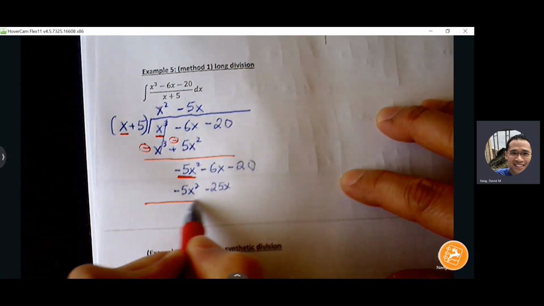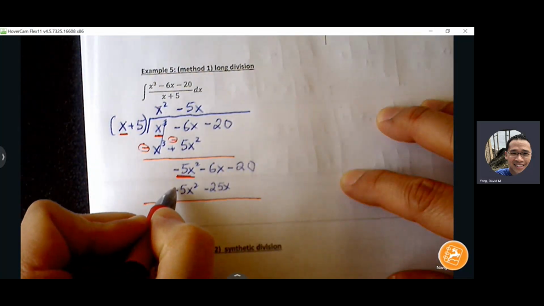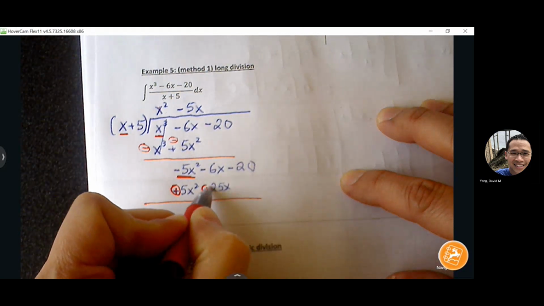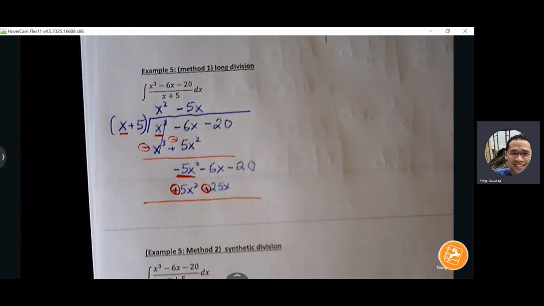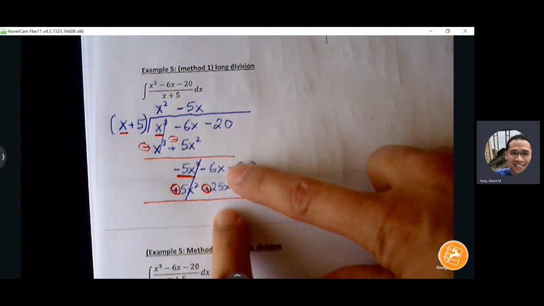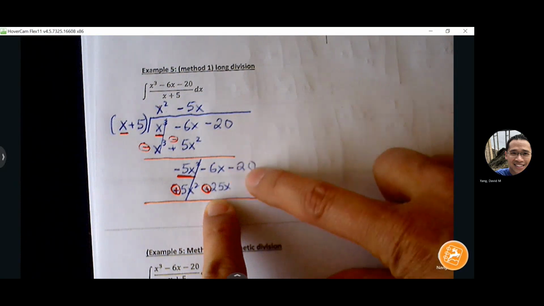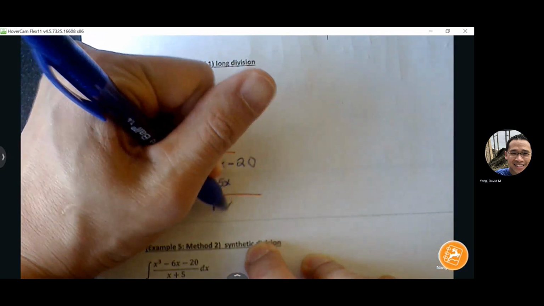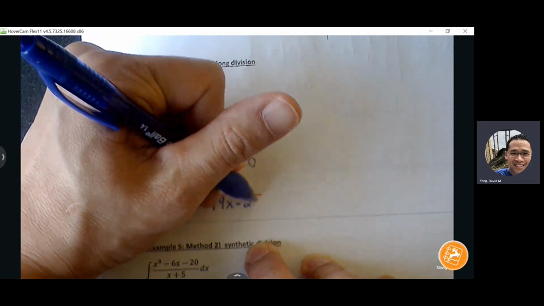Draw your line and change the signs of everything that you just brought down. The first term should nicely pair up and go away. Now, are these like terms? Yes, so 25 minus 6, 19x minus 20.